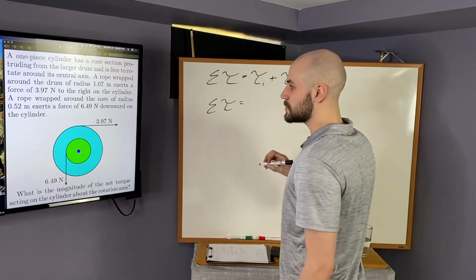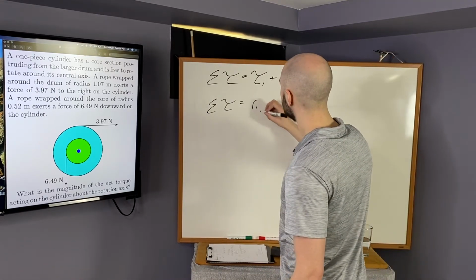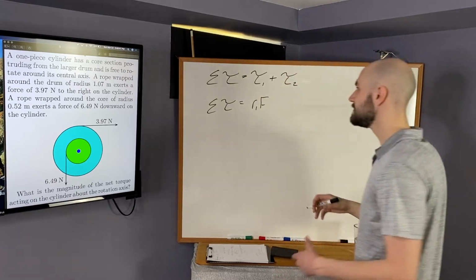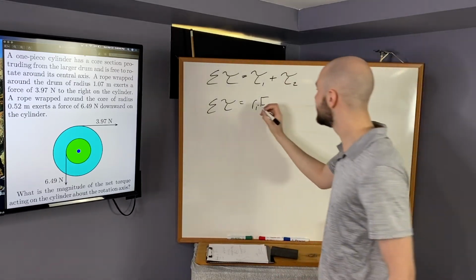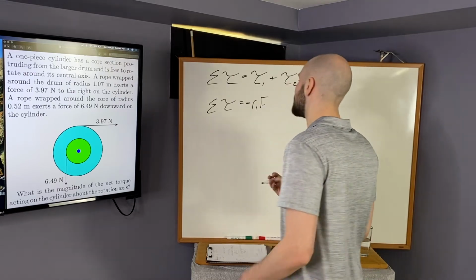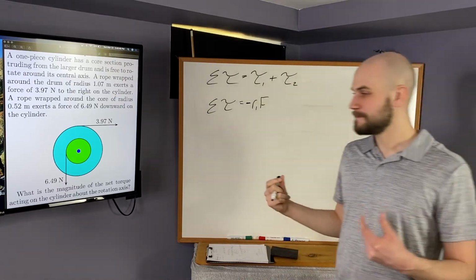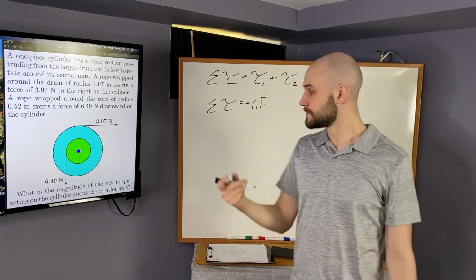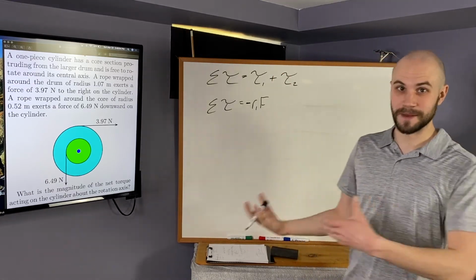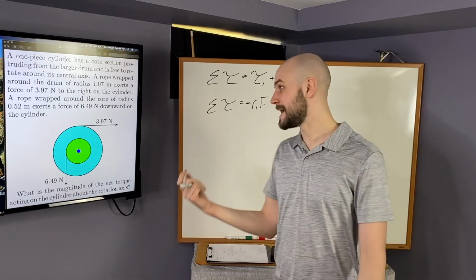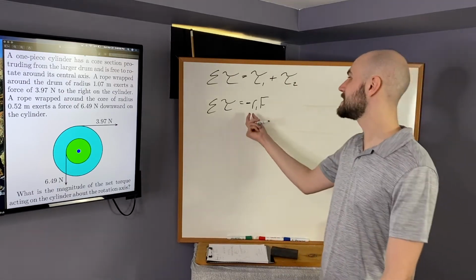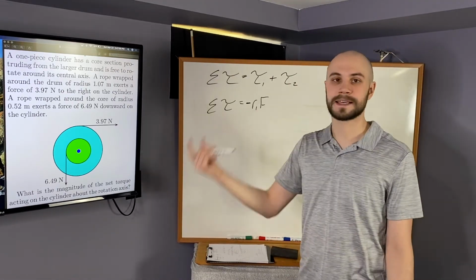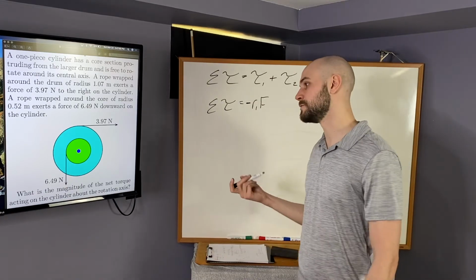So we could ignore the sine theta there because sine of 90 degrees is just 1. So for our first torque, we're going to say R1 F1, and we're going to make this torque negative. Keep in mind that clockwise being negative is just our convention. If you specify that you want to make clockwise positive, you're free to do that. But I would highly recommend that you just keep clockwise being negative, counterclockwise being positive, so there's no confusion.